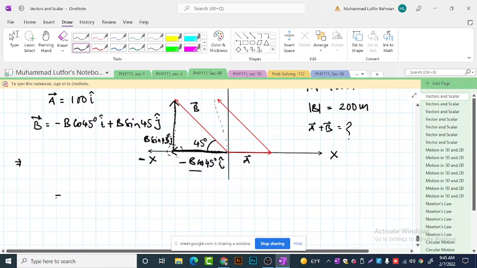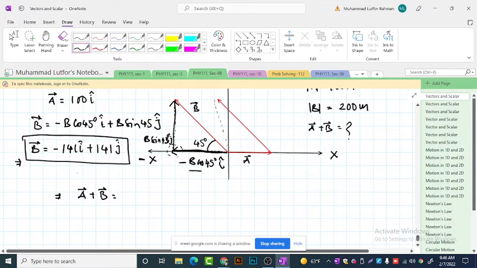All right, that's great. Now I'm going to add these two, a plus b. I know the magnitude of b, which is 200. If you multiply it with cos 45, I will find minus 141 i hat plus 141 j hat. So this will be the vector b.